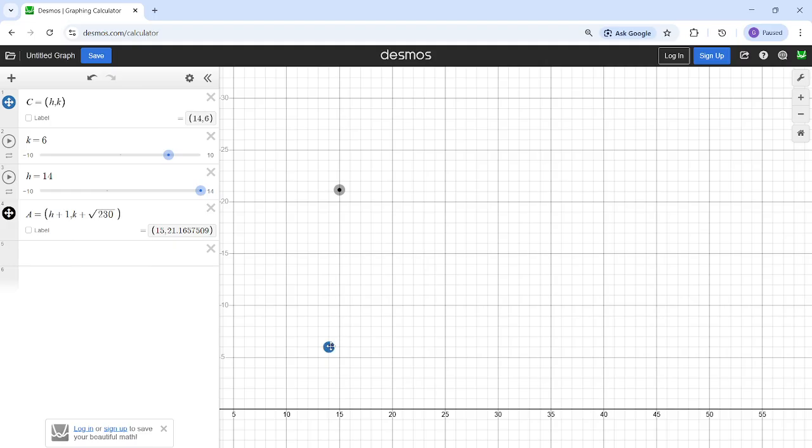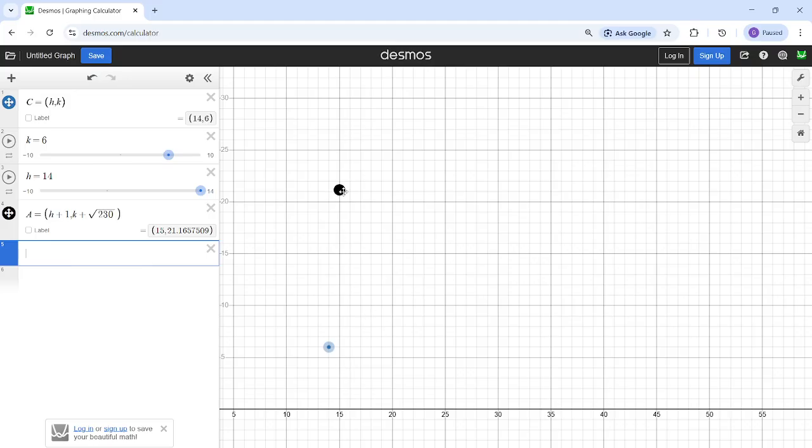And also the length of CB, let's say B is here, must be a radius also because B is also on the circle and C is the center. So what we know is that the lengths of AC and CB are the same.